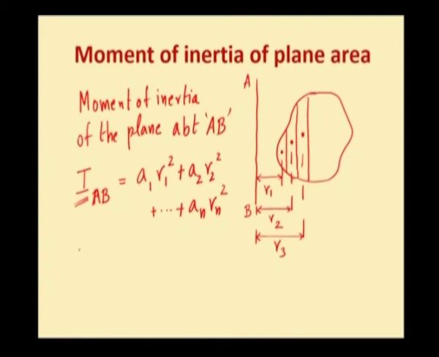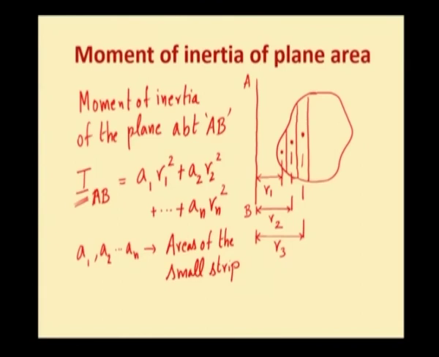In the above equation, A1, A2 up to An are the areas of the small strips, the divided small strips.